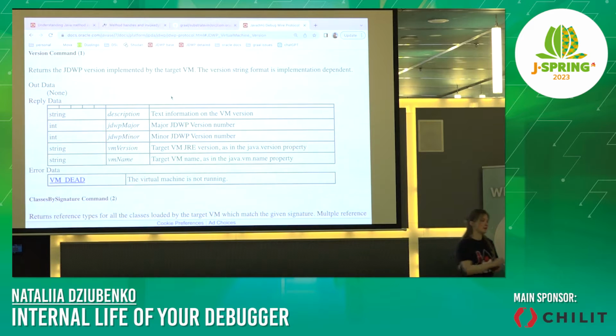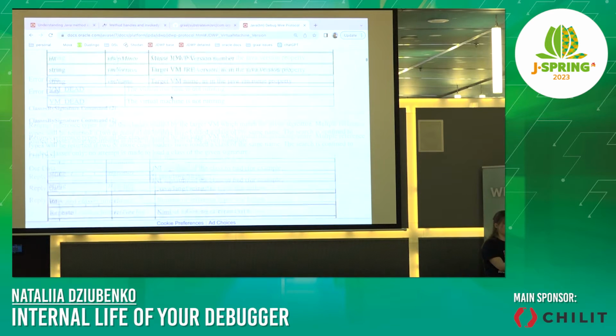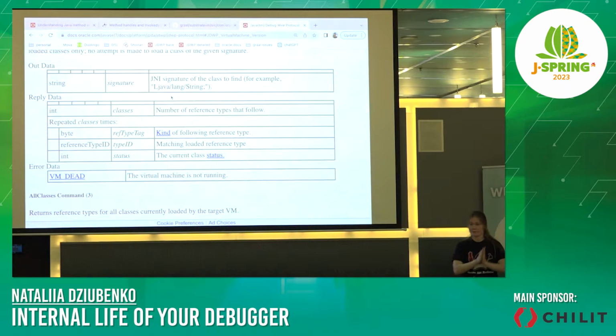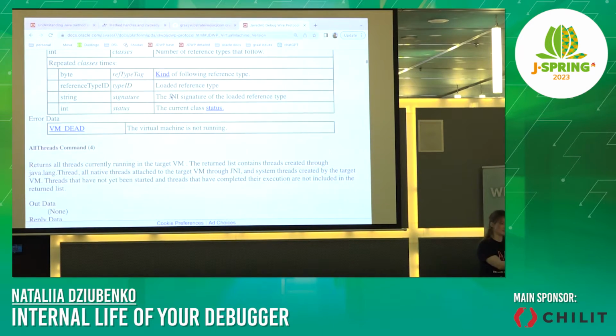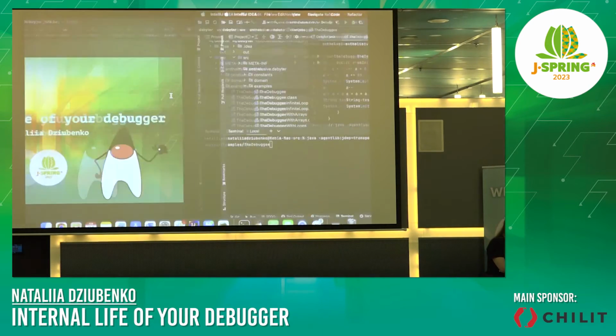Then you can get different reply data, of different types, that you have to consume back. You can also see which errors can occur during each command specifically. So there is a lot of possibilities, and implementing all of them is actually a lot of work.